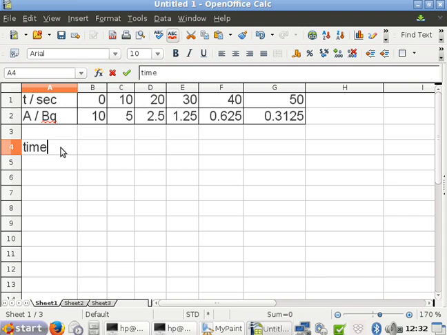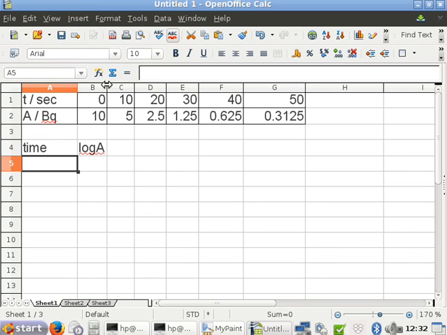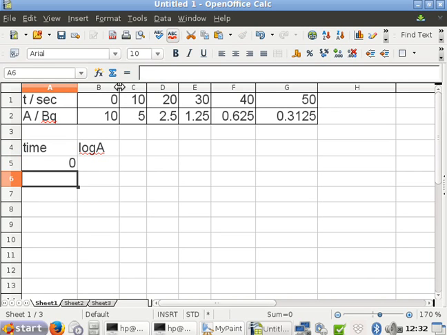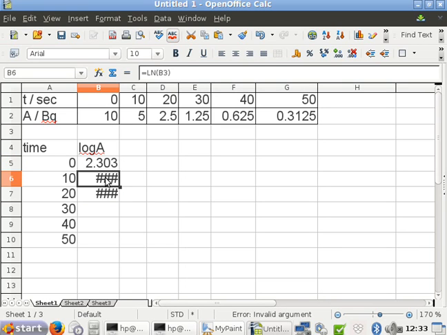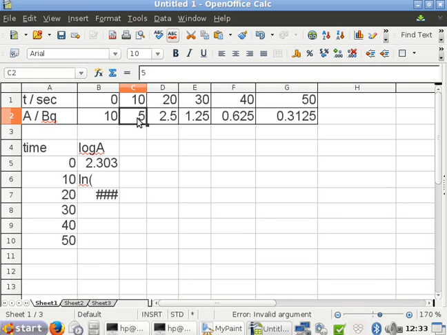Okay, so time and then log A. So we have 0, 10, 20, 30, 40, 50, and then here is log activity. I think you said, Tal, it goes, oops, it's gone wrong here. Sorry, it's log 5.